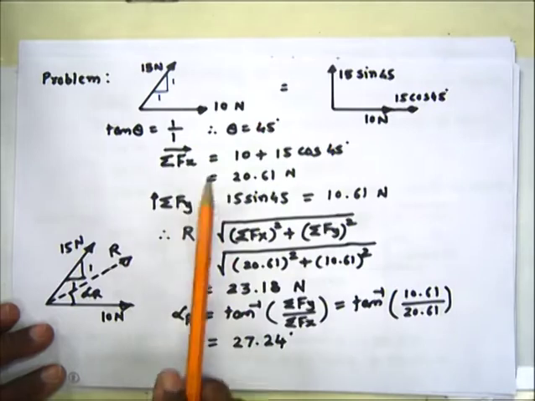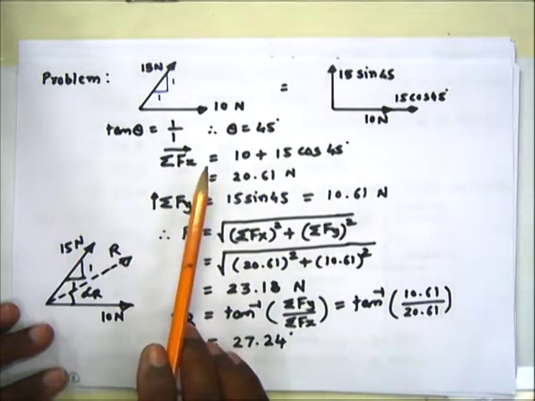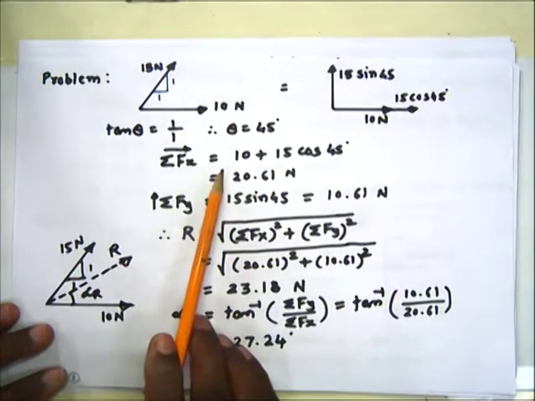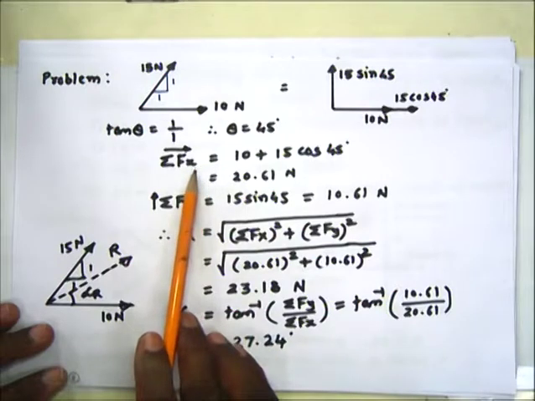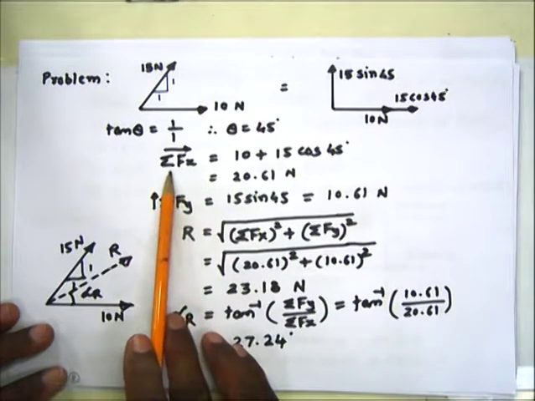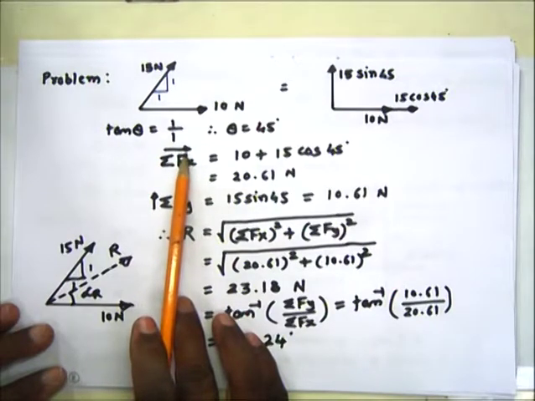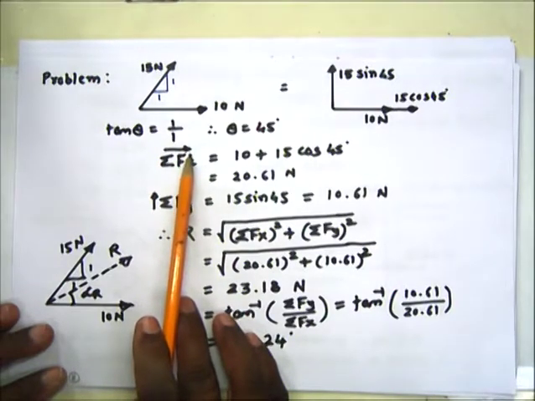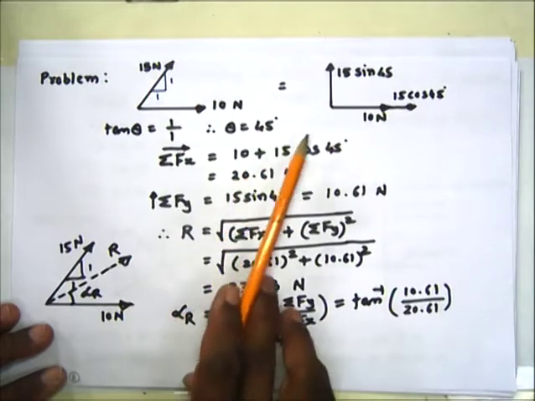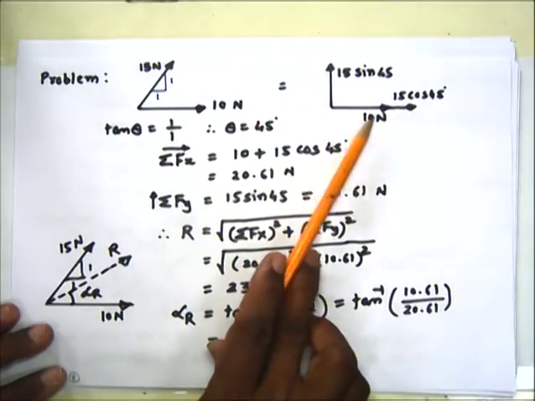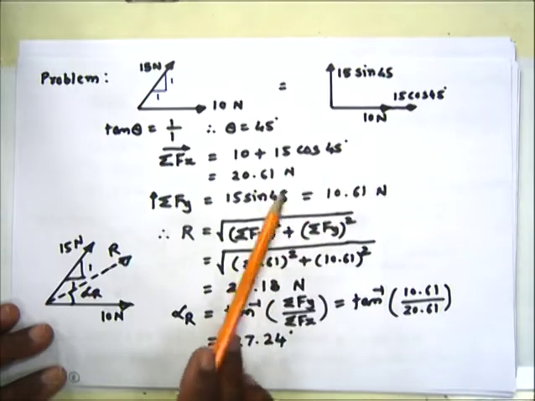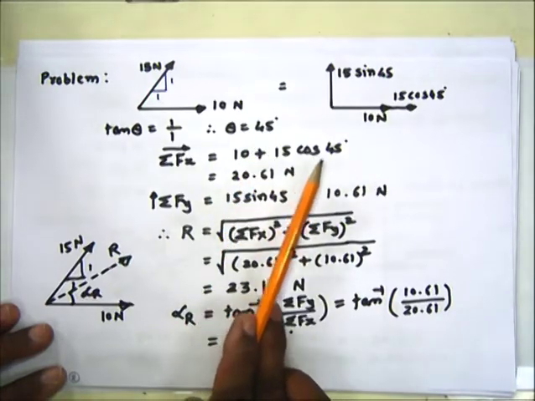Then doing the summation of all these components along x and along y separately. First, along x, sigma Fx, considering force or arrow towards the right as plus, it will have in the x direction this value and this value both plus. So 10 plus 15 cos 45.